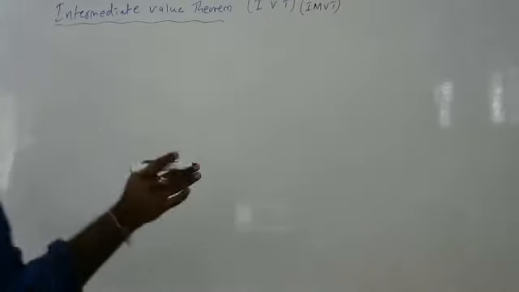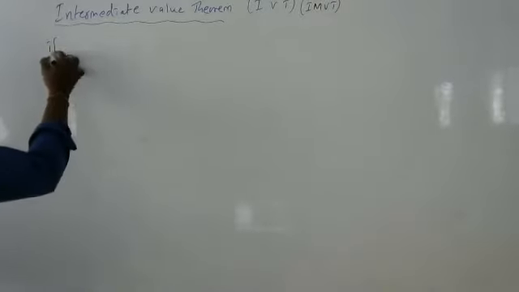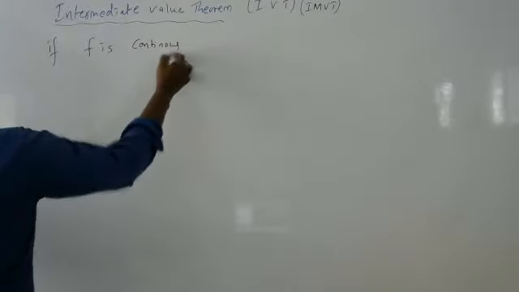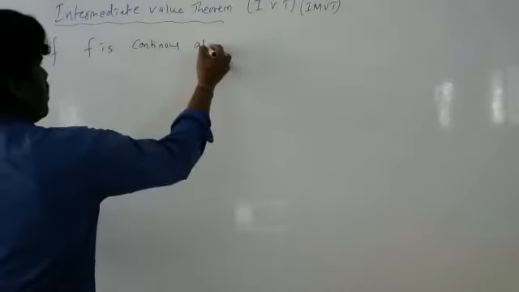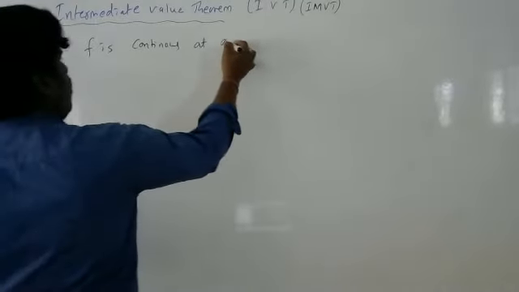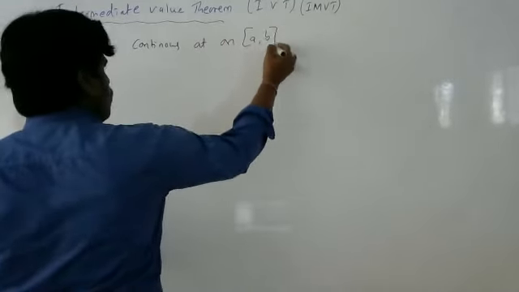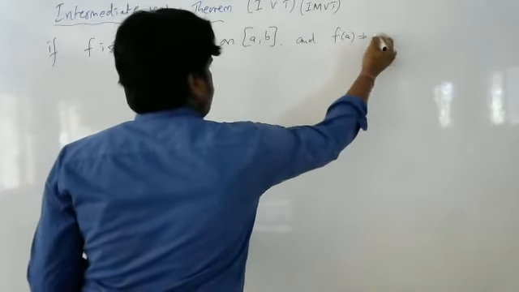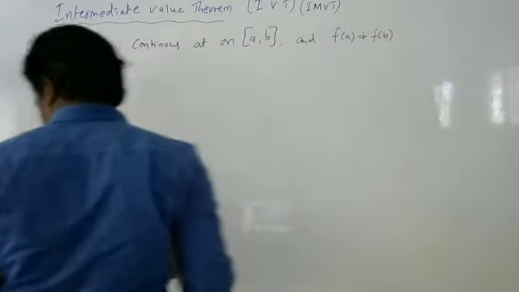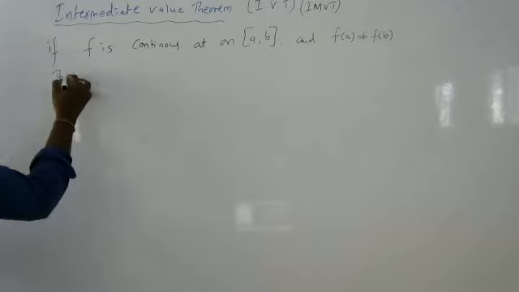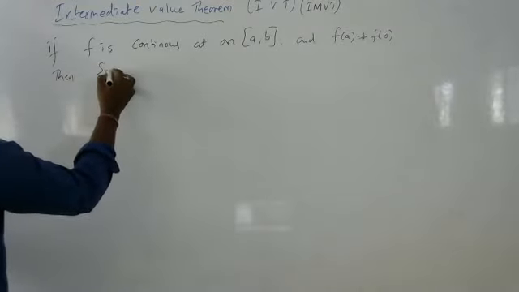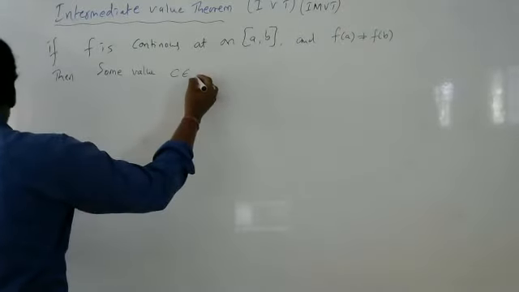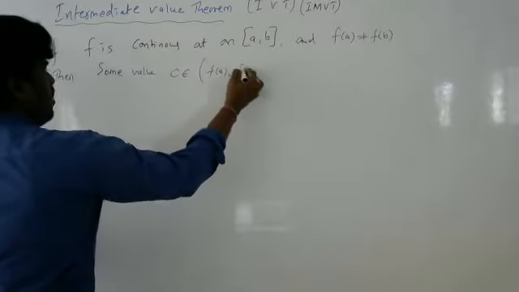I am going to write, then I will explain. If f is continuous on the closed interval a comma b and f of a is not equal to f of b, then some value c belongs to f of a comma f of b.